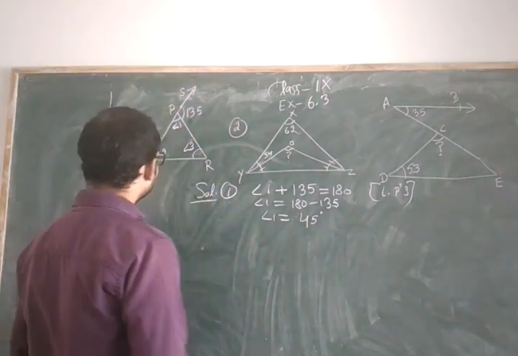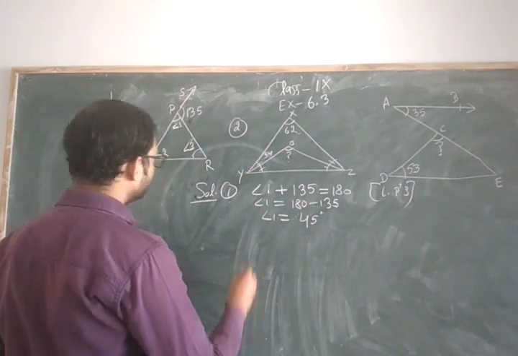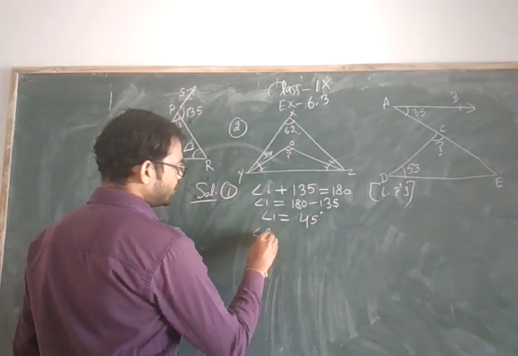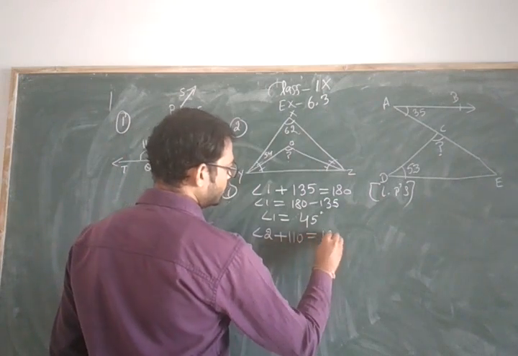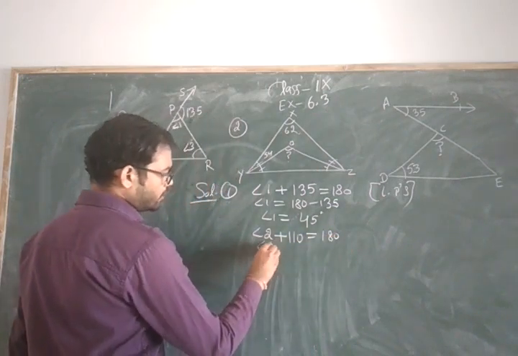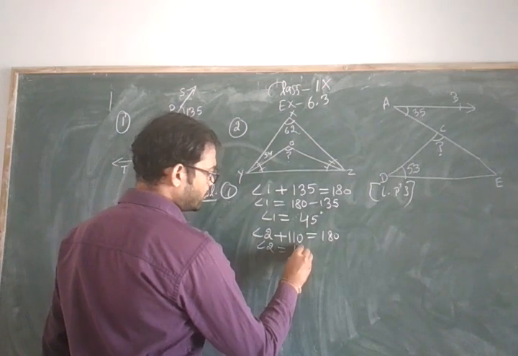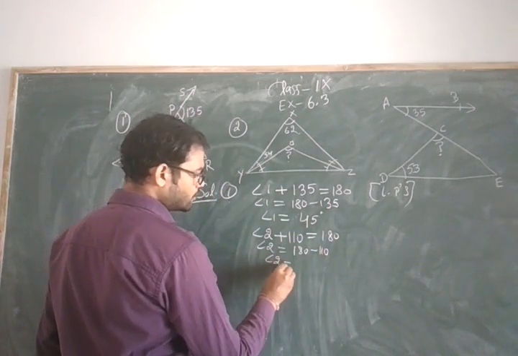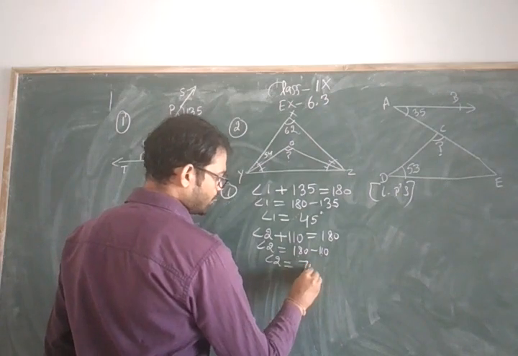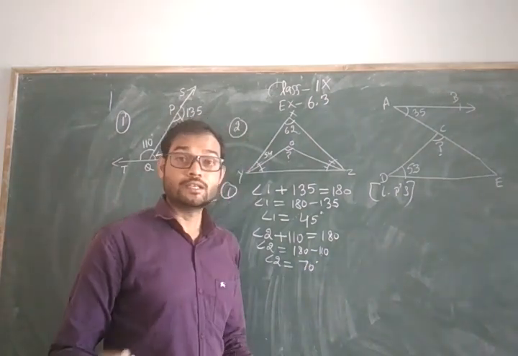Now we are going to find angle 2. For angle 2 you can write that angle 2 plus 110 is equal to 180 degrees. So angle 2 is equal to 180 minus 110. Then angle 2 is equal to 70 degrees.